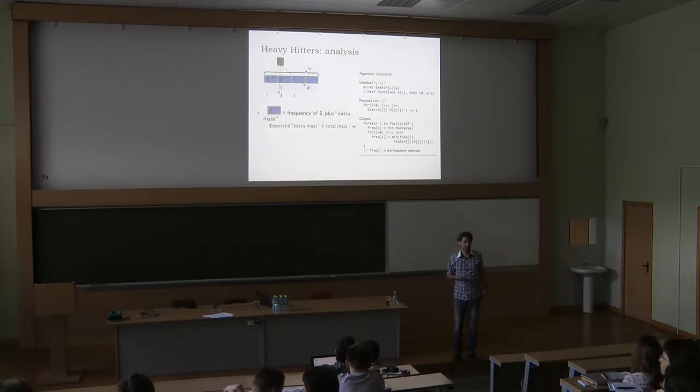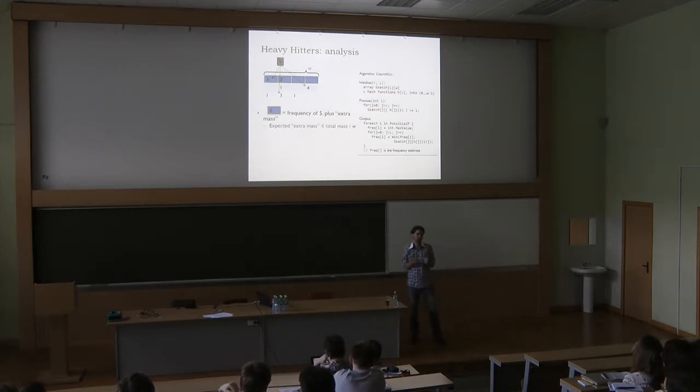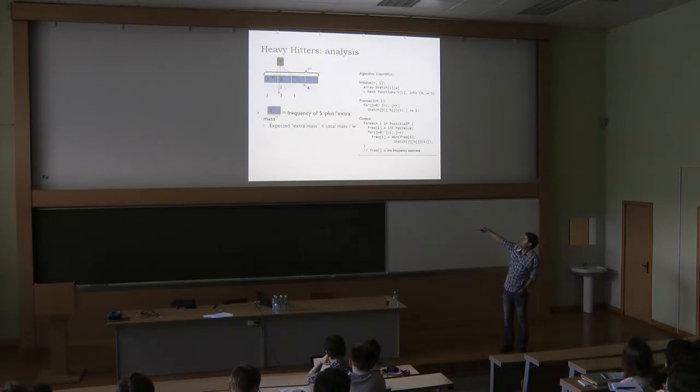So what is the expected fraction of the total balls that will come into this bin? It is the total number of balls divided by the number of bins, which is W. So in expectation, this extra mass is at most total mass divided by W.